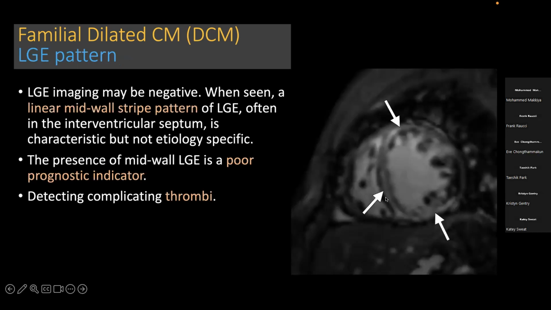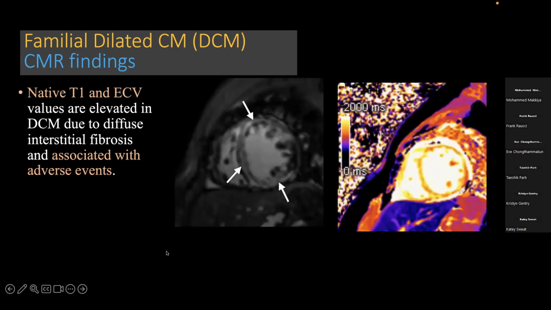Mid-wall LGE can be seen as a linear stripe, and its presence is a poor prognostic indicator. The other value of CMR is detection of thrombi, because those patients have stagnation of blood and hypertrabeculation of the subendocardial myocardium, so they are more prone to developing clots, and cardiac MRI can help with that.